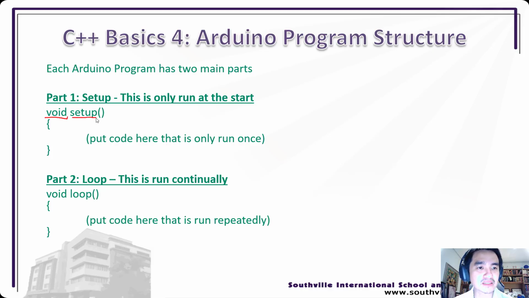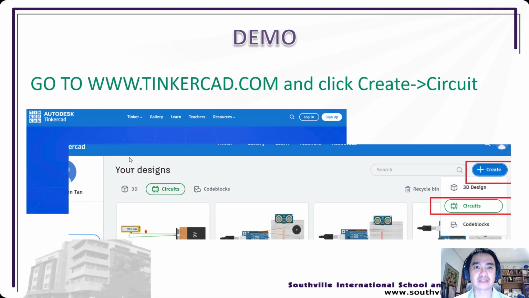The function name is setup with no arguments. Same void. The function name is loop and there are no arguments. And then you put your code in the middle of these curly brackets. So these are open close parentheses. These are curly brackets here. So that's what the basic C++ Arduino program structure looks like.